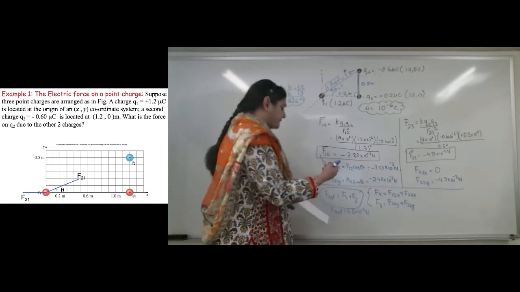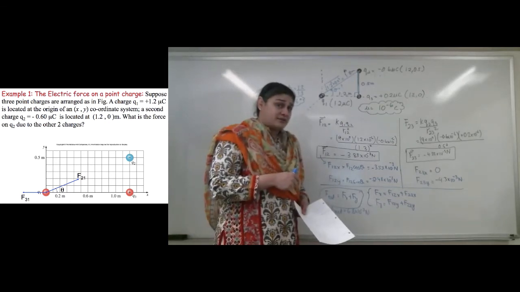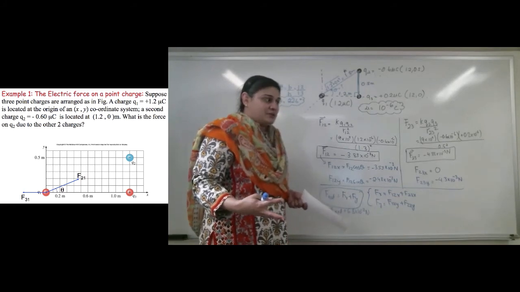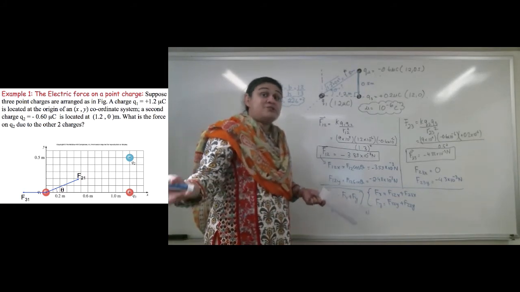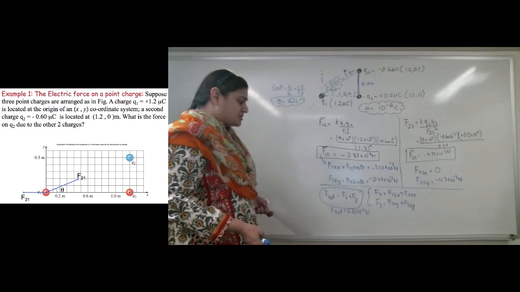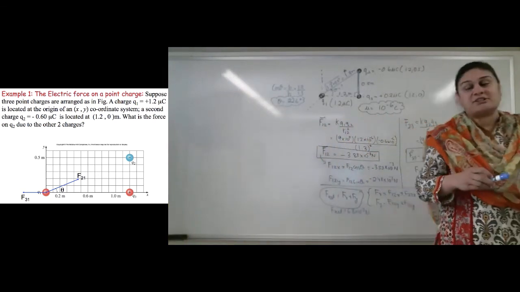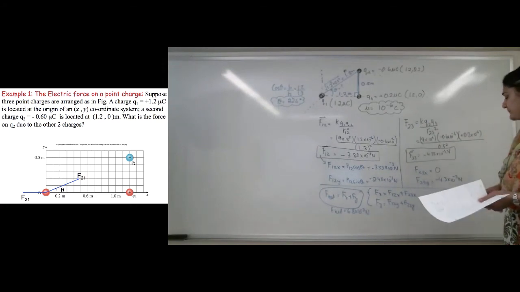No, you're right. This only gives the magnitude of the force, but we need the force to be a vector. What else do we need in order for it to be a vector? Yes, we need direction. So how do I find the direction?